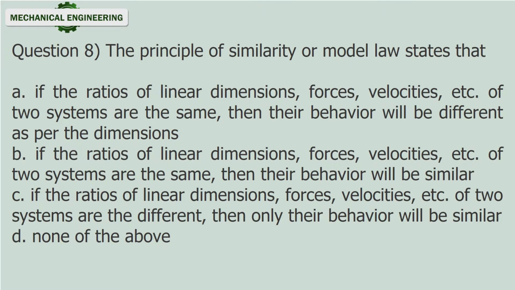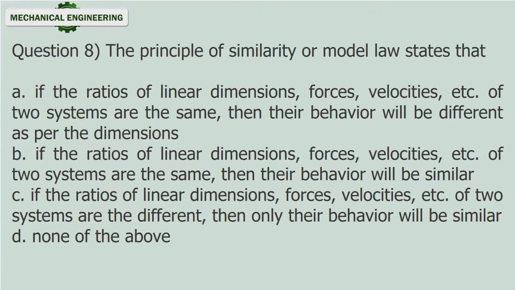Question 8. The principle of similarity or model law states that A. If the ratios of linear dimensions, forces, velocities, etc. of two systems are the same, then their behavior will be different as per the dimensions. B. If the ratios of linear dimensions, forces, velocities, etc. of two systems are the same, then their behavior will be similar.